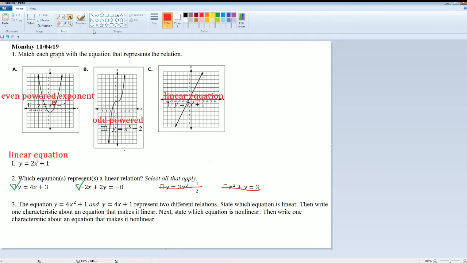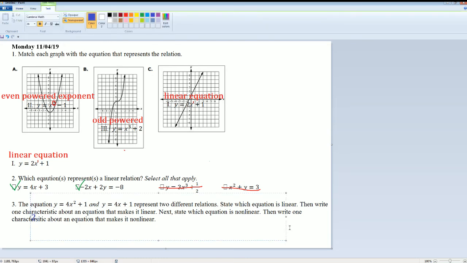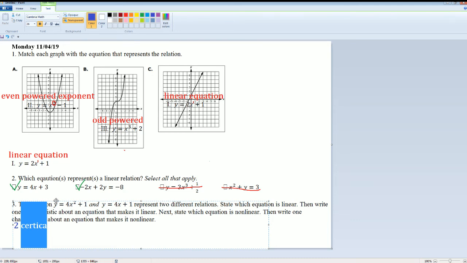Okay, I want you to remember that there are two criteria, or two heuristics.